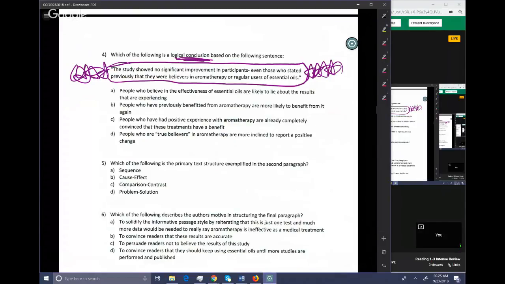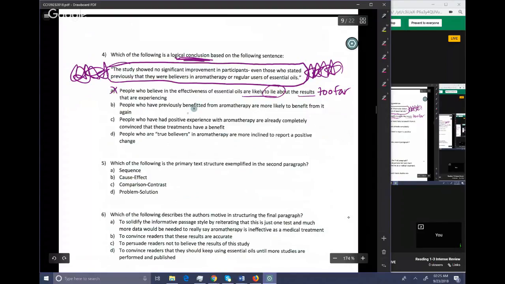So A says, people who believe in the effectiveness of essential oils are likely to lie about the results. That is going way too far in the realm of logical conclusion, because how the heck do we know that they're going to lie? So we have no evidence about people lying or being honest.